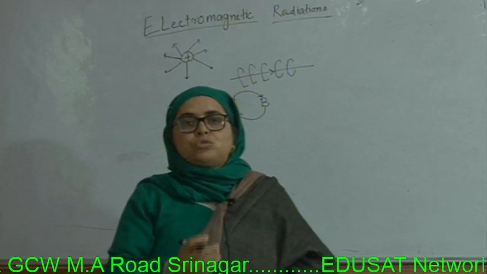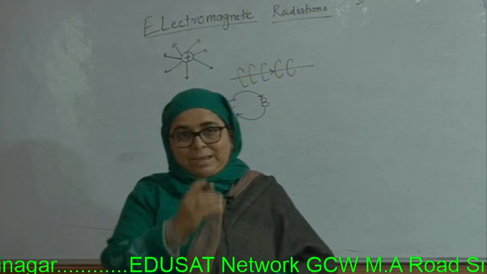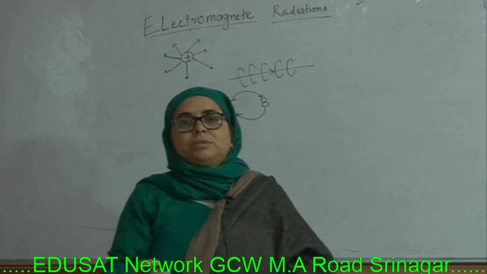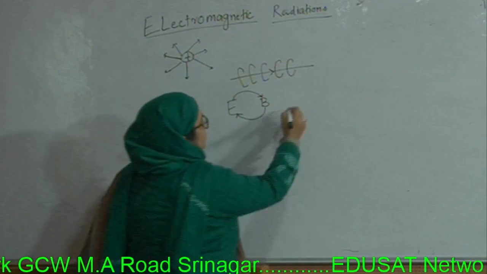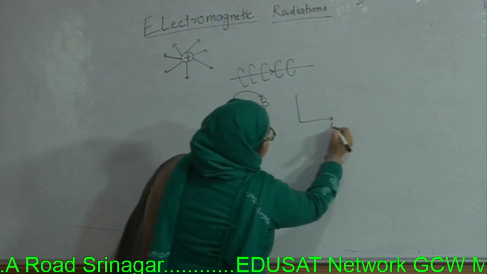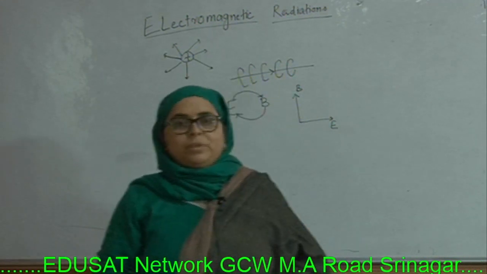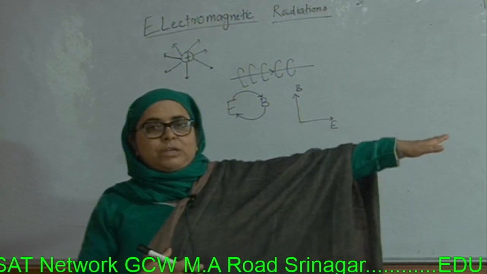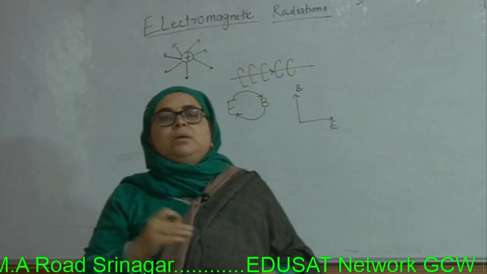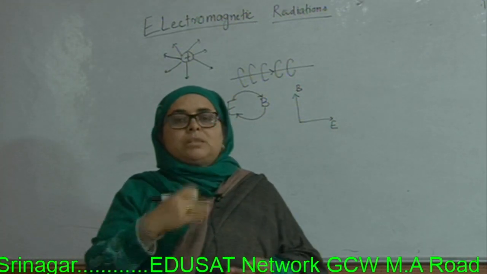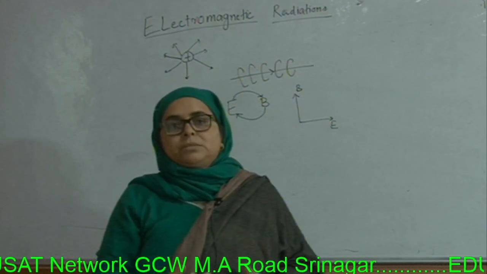But one thing has to be kept in mind, these two oscillations, the electric field and the magnetic field, are perpendicular to each other. Like, if this is the electric field, this will be the magnetic field, right? Okay? I hope it's clear. Now, the third thing is in which direction the radiation will propagate.